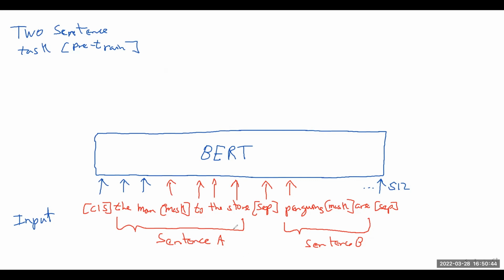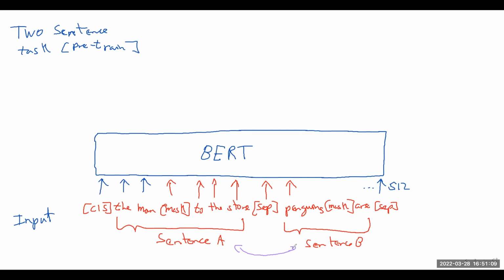Now, I ask you the following question. Are sentence A and sentence B, do you think they follow each other? Does sentence B follow sentence A? Or are these examples of sentences that are not next to each other? They're not next to each other.